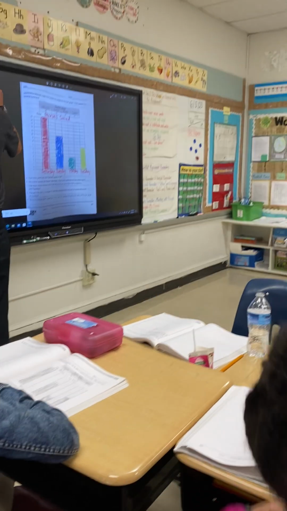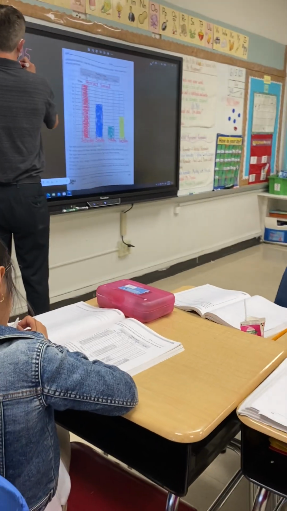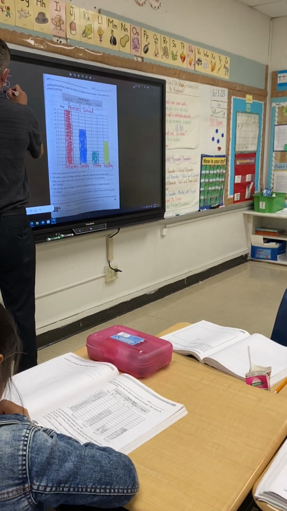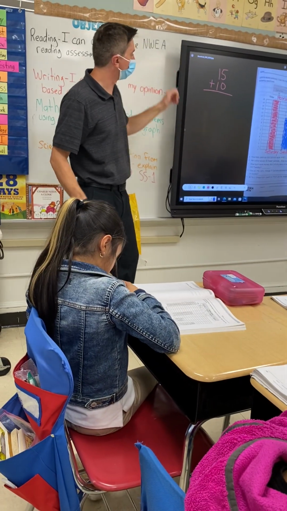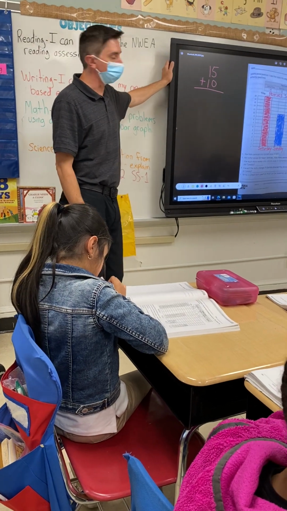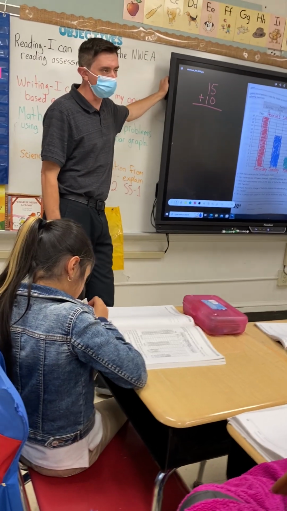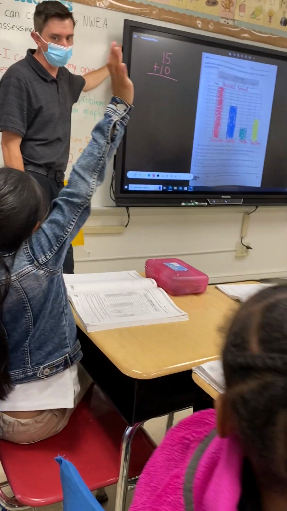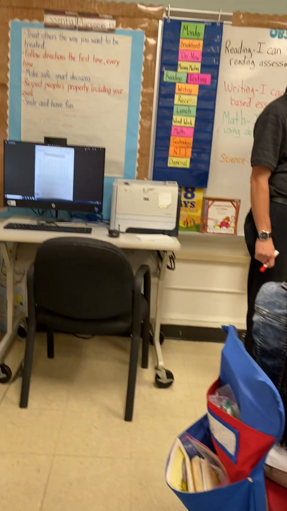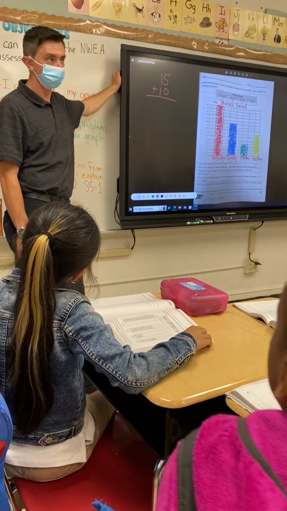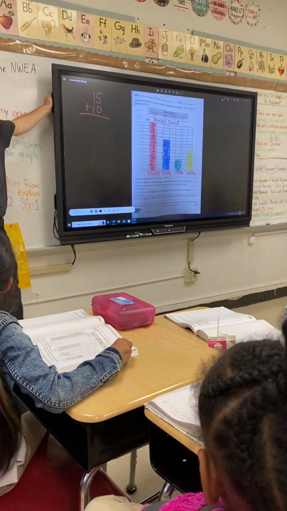So 15 plus 10. I'm going to start like this. And then when I get my answer, I'm going to add 4. And then I'm going to keep going like that. So 15 plus 10. Does anyone know that? We're pretty good at counting by tens. Can anyone do that right off the top of their head? Sophia? 15 plus 10. 25? Good. 25.